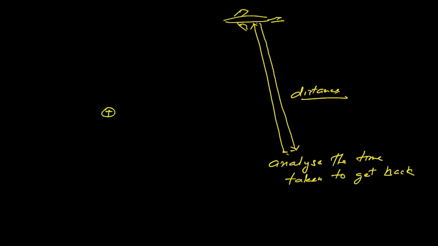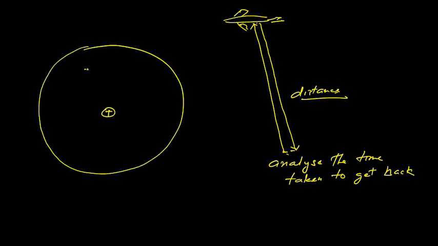But in this case, what happens? Suppose you want to get the exact position of an electron, and the electron is here. For that, you will have to send a ray which strikes this electron and comes back. There is no particle available with us which can strike an electron and not deviate it.